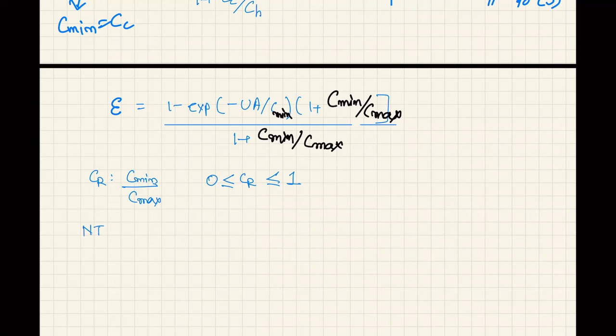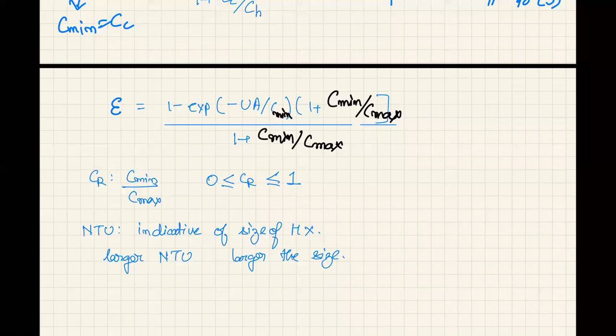Then NTU. NTU is called the number of transfer units, and this is indicative of the size of the heat exchanger. So you can see, larger the NTU, larger is the size.